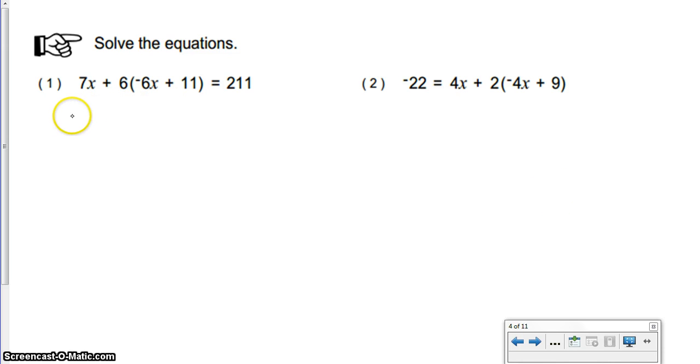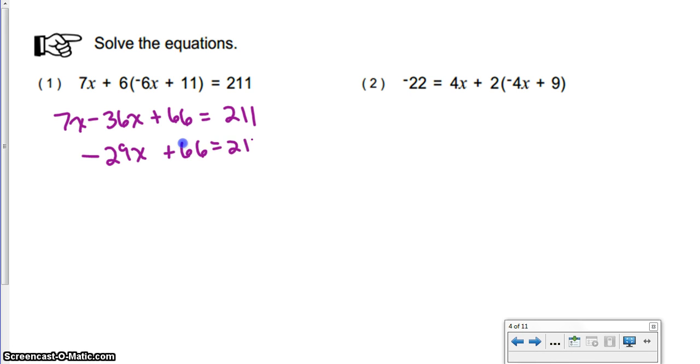along. Okay, distributive property, 7x minus 36x plus 66 equals 211. Combine like terms, negative 29x plus 66 equals 211.